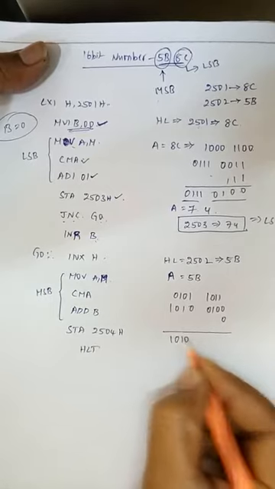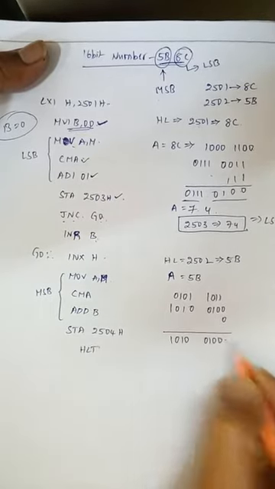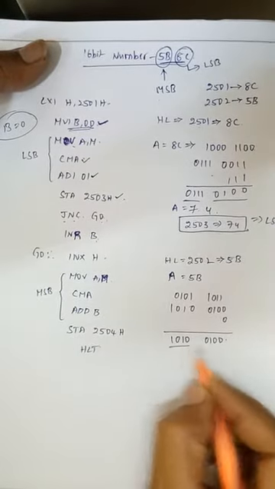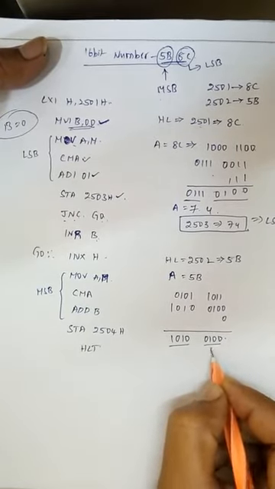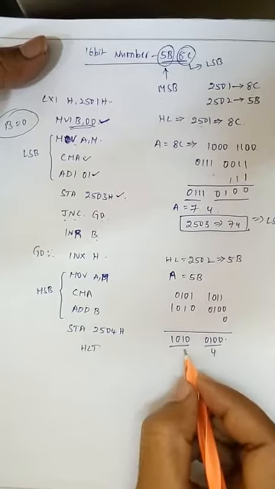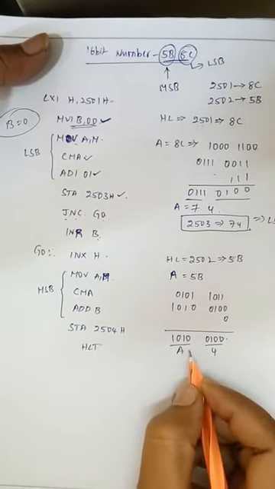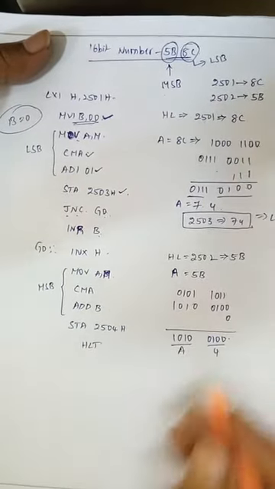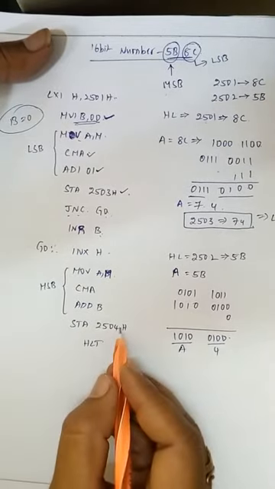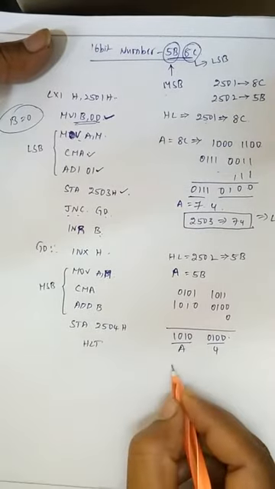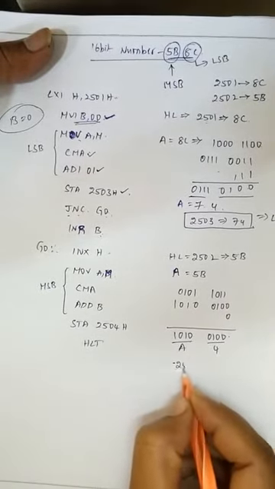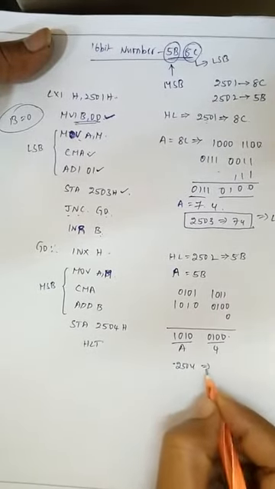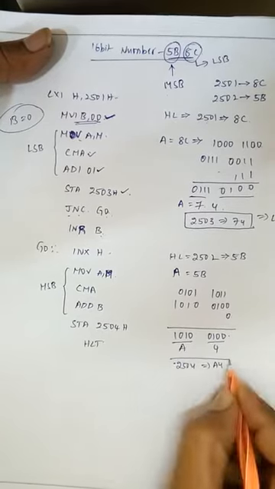Again we will get the same value. Now 1010 and 0100. 0100 we can write as 4, and 1010 we can write as A in hexadecimal representation. Again, store accumulator 2504. Whatever result we get here, it will be stored in the 2504 address location.